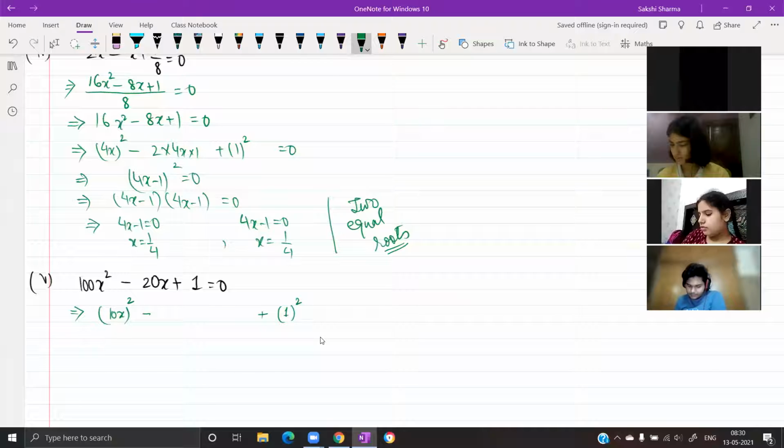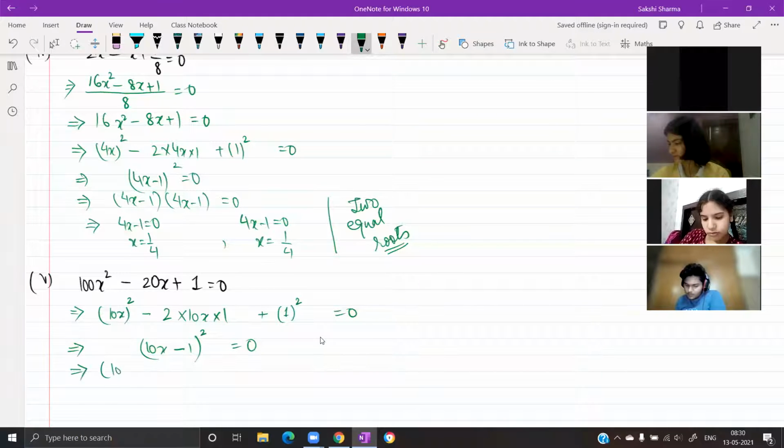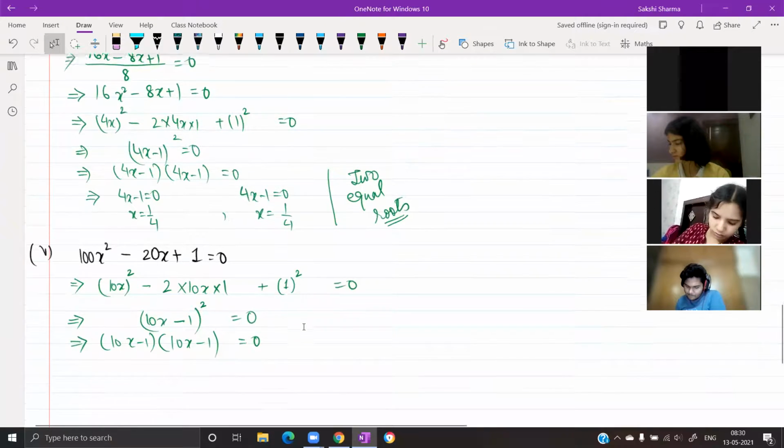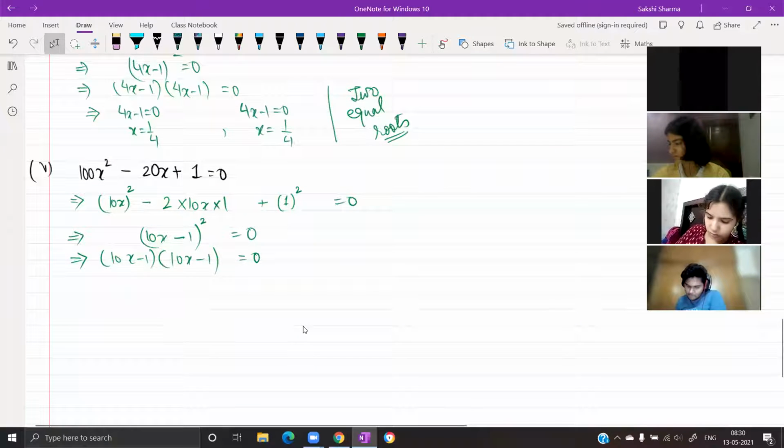The middle term is made up of double the product of your bases. Putting it in concise form, 10x minus 1 whole square equals to 0. The linear factors are 10x minus 1, 10x minus 1. Equate them to 0 and find x. X equals to 1 by 10, x equals to 1 by 10.